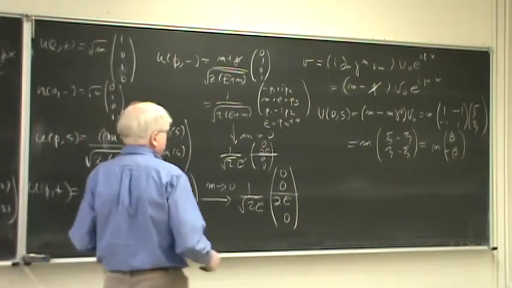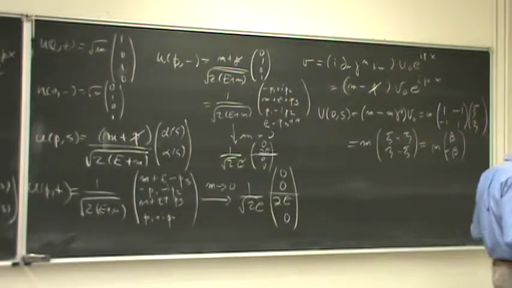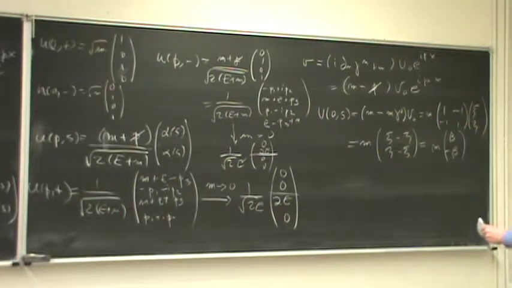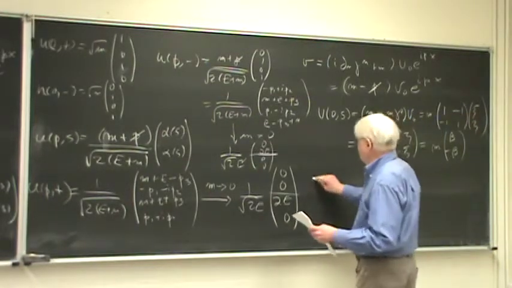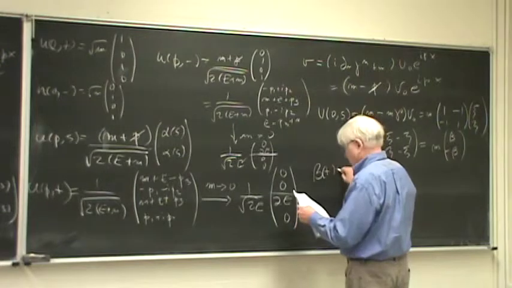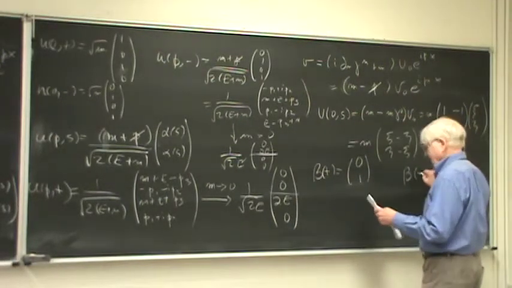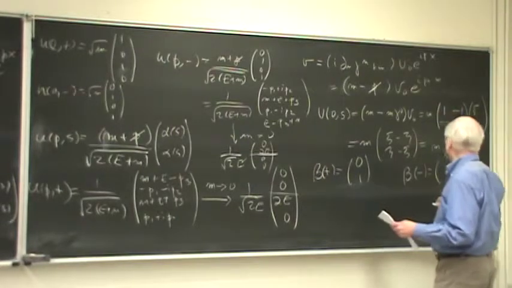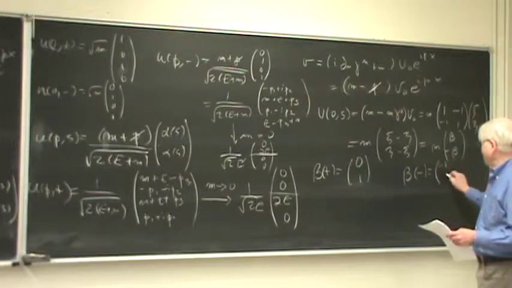Now, the lower spinor, in other words, for the antiparticles, the lower spinor is the negative of the upper spinor. But the spin up one is beta plus, has to be (0, 1), and beta minus is then (-1, 0).